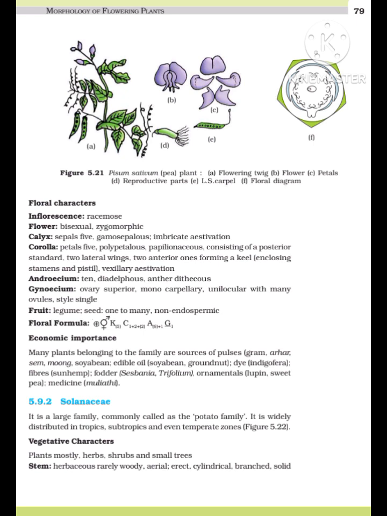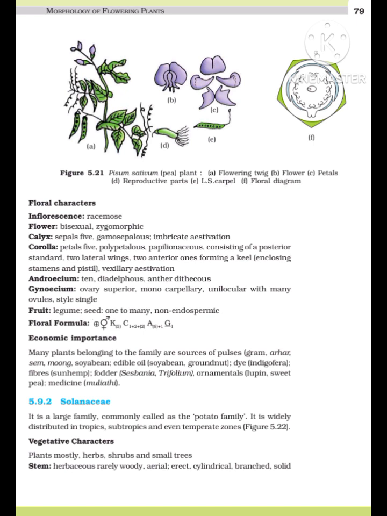Floral characters: inflorescence racemose; flower bisexual, zygomorphic; calyx sepals 5, gamosepalous, valvate or imbricate aestivation; corolla petals 5, polypetalous, papilionaceous, consisting of a posterior standard, 2 lateral wings, 2 anterior ones forming a keel, enclosing stamens and pistil, vexillary aestivation; androecium 10, diadelphous, anther dithecous; gynoecium ovary superior, monocarpellary, unilocular with many ovules, style single.